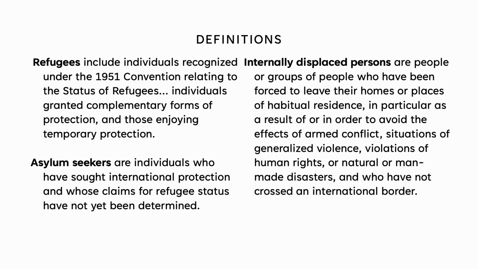Asylum seekers are individuals who have sought refugee status and who are still in process or have not yet been granted refugee status. And then IDPs are a larger group of people who have not necessarily crossed an international border, but still may be fleeing for the exact same reasons that asylum seekers and refugees may be fleeing.